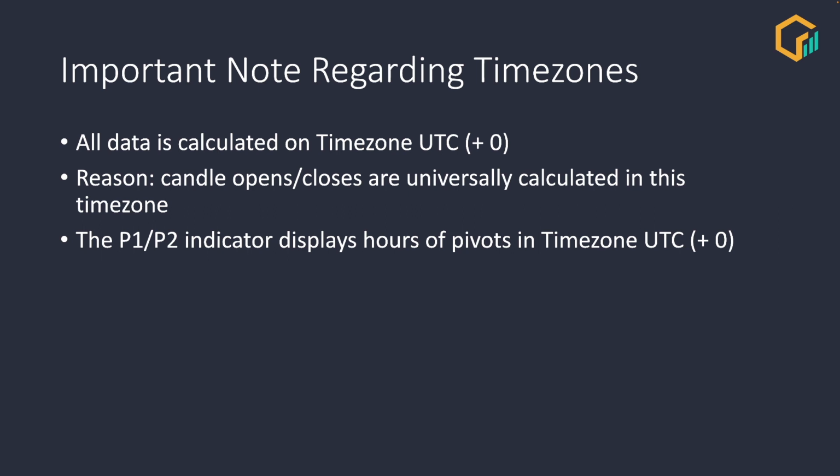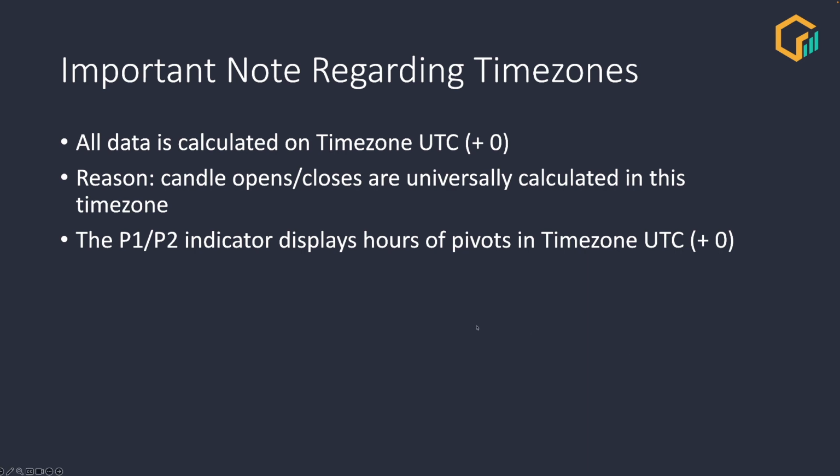So even if you do not set the TradingView time zone to UTC+0, you can still use the P1, P2 indicator and it will display which hour of the day in UTC+0 the pivot was put in.